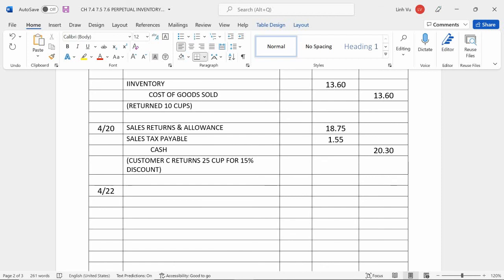And what are the terms? Discount? It's a discount. Good. So in this case, however we're receiving the money, right? Whether it's cash or a check, right? Customer B is going to be receiving a sales discount because he's going to get his items discounted. What else do I need to give back?